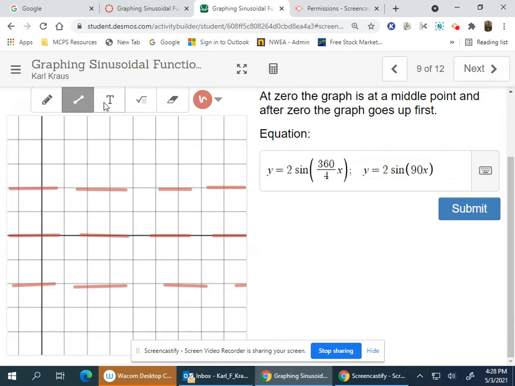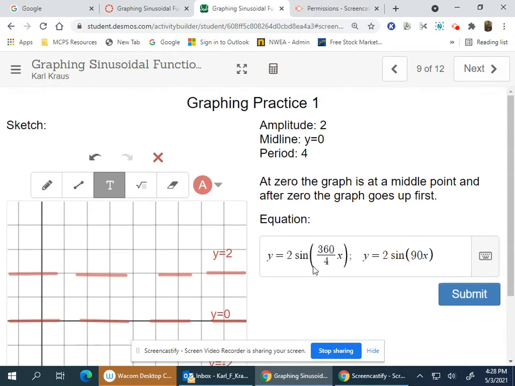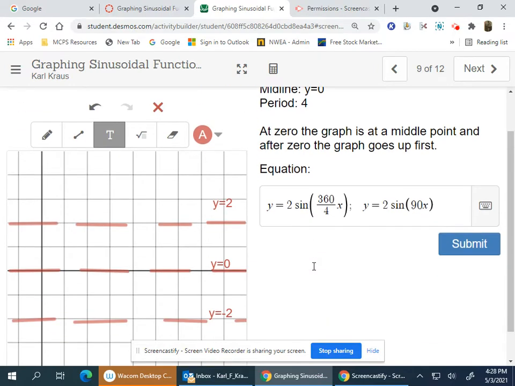Let me go ahead and label those. Center midline at 0. All right, here are my 3 horizontal lines labeled. And then since my period is 4, once again, I'm going to go by half here to stretch this out a little bit.